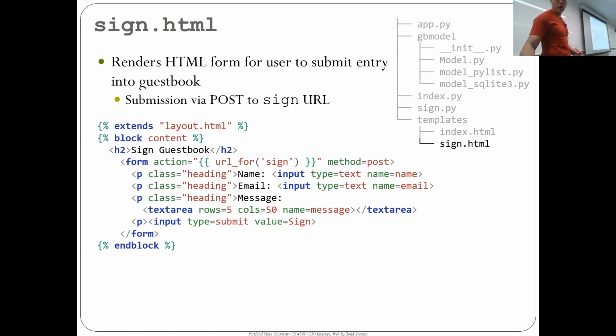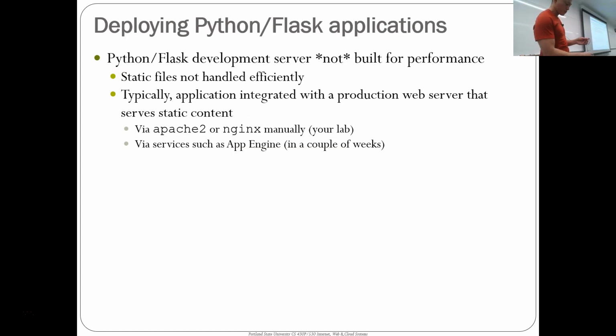Okay, so one of the things with Python is that you'll end up wanting to deploy this on a production server, and as it turns out, you don't want to just say python app.py and then make that open up the doors for millions of users out there, because the web server integrated into Python is not optimized for high performance.